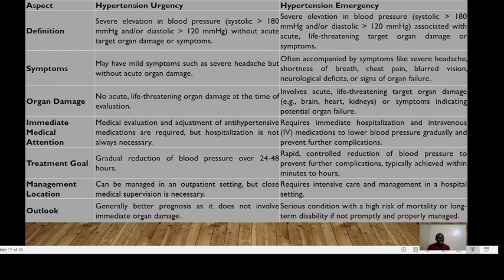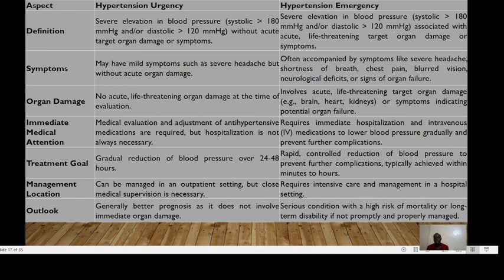In terms of management location, hypertensive urgency can be managed in an outpatient setting, but close medical supervision is necessary, while emergency requires intensive care and management in a hospital setting. As for outlook, hypertensive urgency generally has a better prognosis, as it does not involve immediate organ failure.